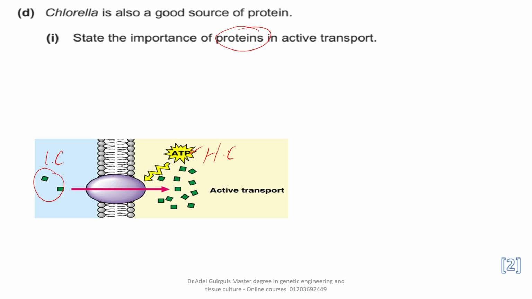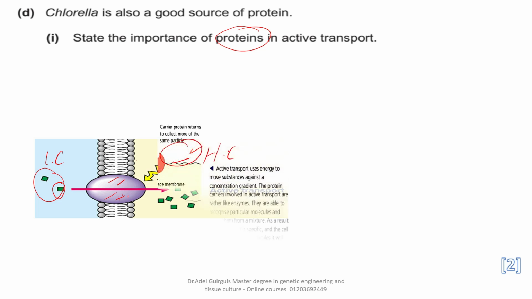Where is the protein? This one. This is called a carrier protein. Why is it called so? Because it carries this particle by its binding site, and rotates and moves within the membrane with the help of energy supplied by ATP from respiration, to move these particles against their concentration gradient.